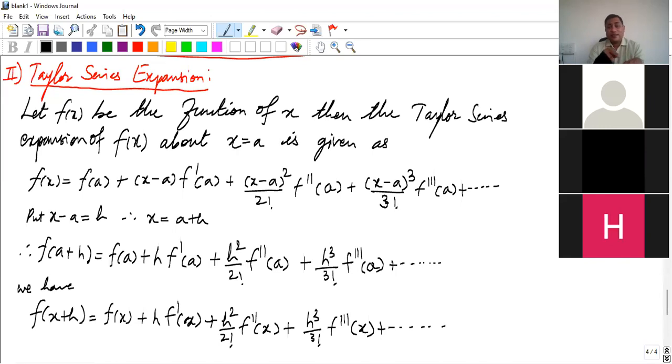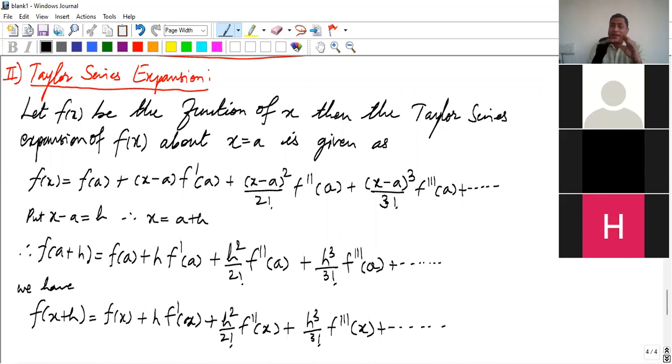The second formula is used for approximation. We do not only find the expansion, but we also approximate the value of the function using Taylor series. That's why the second formula.